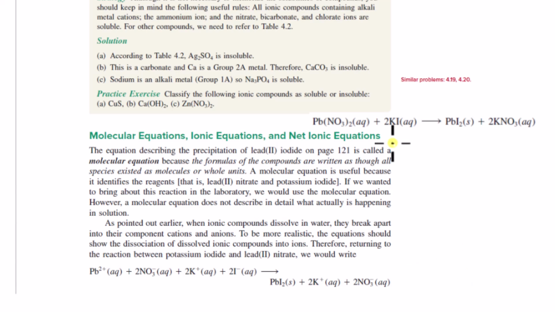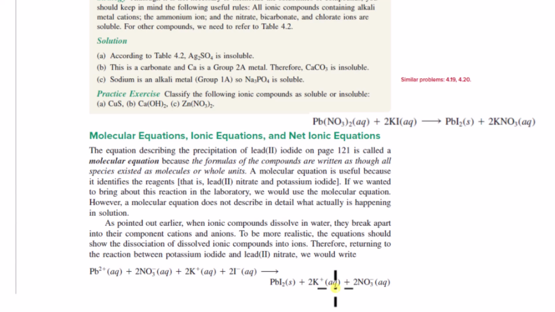But with precipitation reactions, since the ones we're studying in this chapter are only going to involve ionic compounds, that doesn't come into play because all ionic compounds are strong electrolytes. They're either insoluble or they're strong electrolytes. So everything with the precipitation reactions we're studying, everything that is aqueous is going to get broken up in the ionic equation. All right.